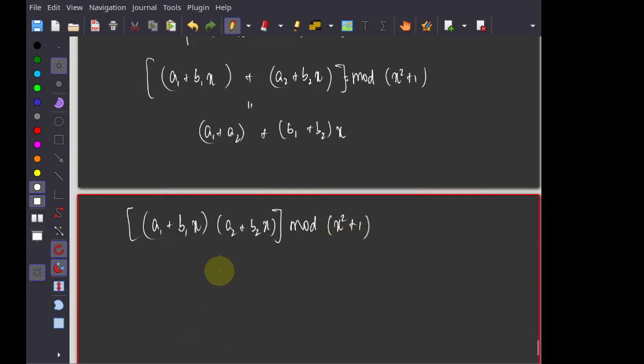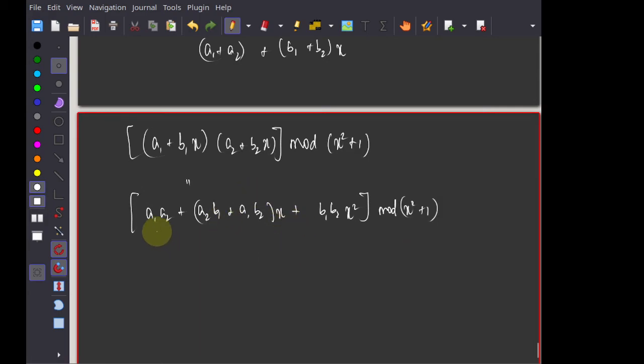What is this times this equal to? a1 a2 plus (a2 b1 plus a1 b2) times x plus b1 b2 x square, mod x square plus 1, correct?